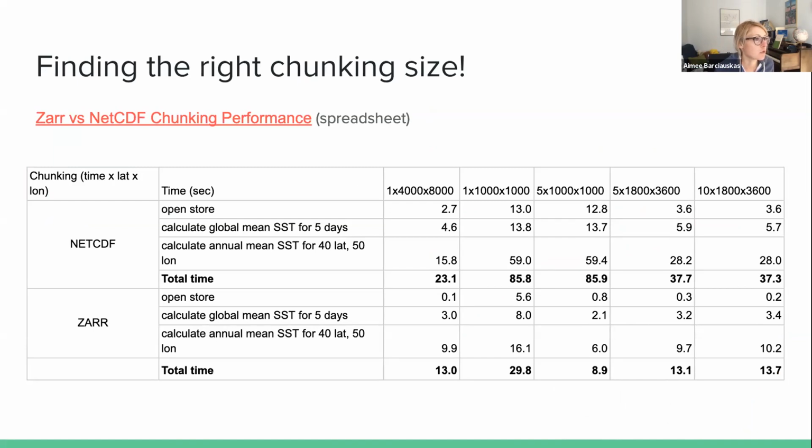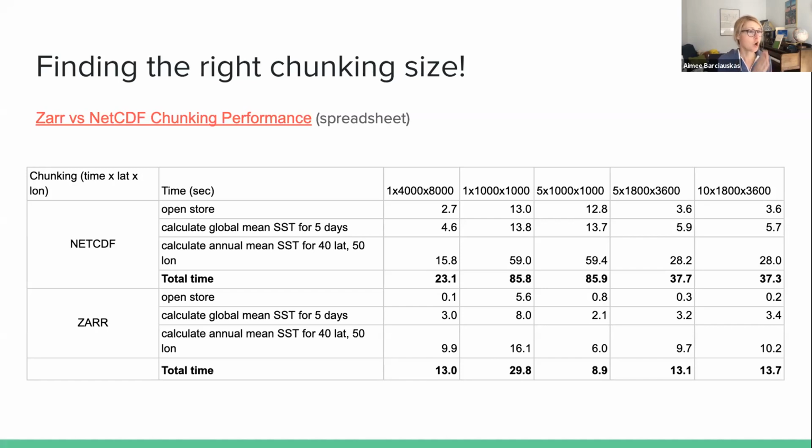If you look at the top row here, this is a chunk shape of time, latitude, and longitude. We looked at some smaller chunk sizes for time originally, based on the fact that you originally get the files as one file per day.